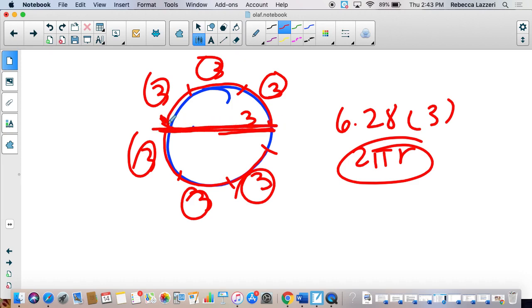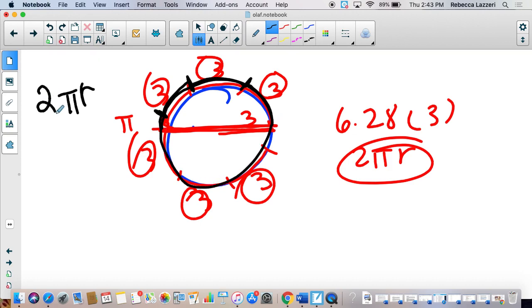This is pi. So let's just take the top half. This is 1, 2, 3.14. So this is pi times r so far. Alright, watch my r. 1, 2, 3.14, right? And then if I want the whole thing, couldn't I just double this?